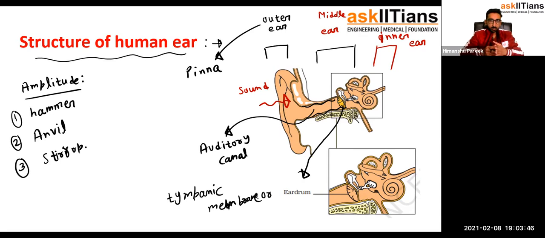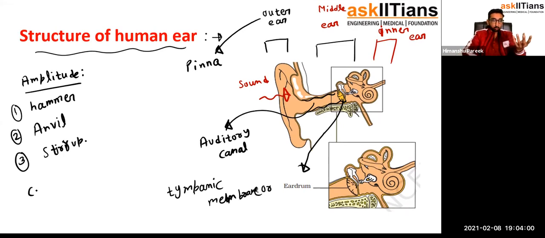All right, so with the help of the middle ear we convert them into electrical signals, right? And who converts them into electrical signals? Cochlea, that's the name.